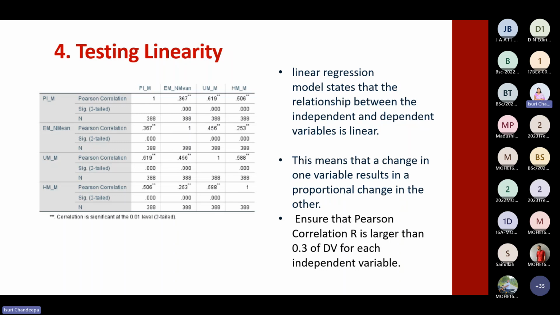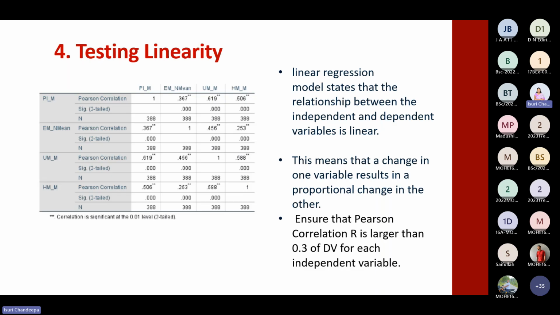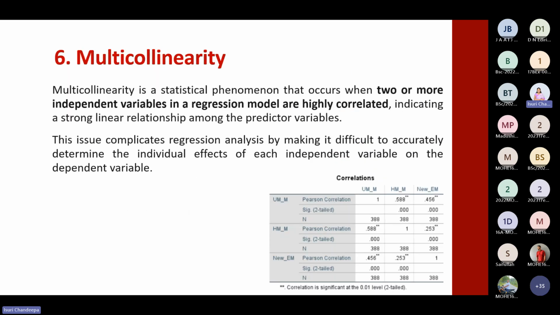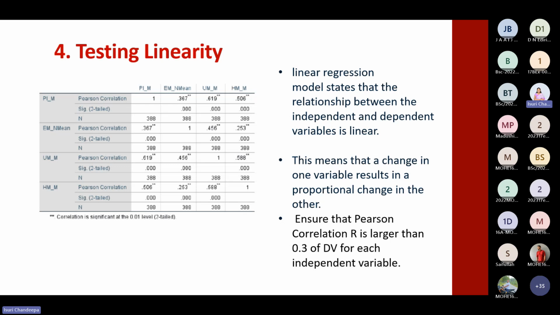What do you mean by the linearity? These are some of the assumptions in regression analysis also: normality, linearity, homoscedasticity, and multicollinearity, the basic assumptions for regression analysis. Those are tested for data readiness.